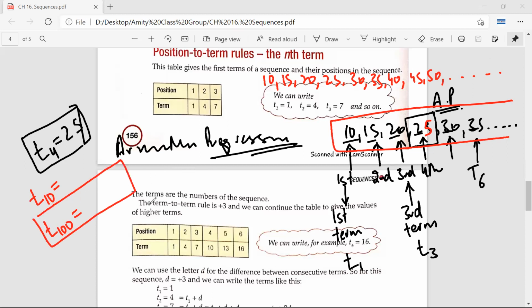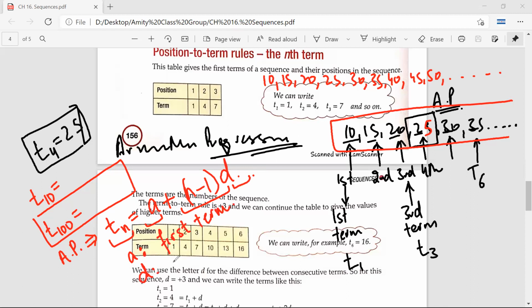So we have a shortcut formula. Please note down the formula, and I will explain the meaning of the formula. For an AP, the formula is Tn is equal to A plus n minus 1 into D, where A is the first term and D is the common difference.